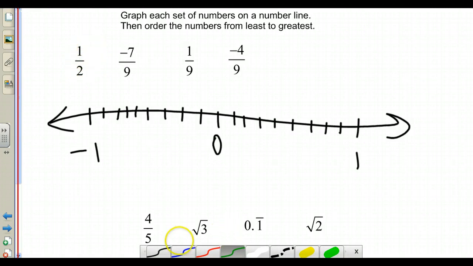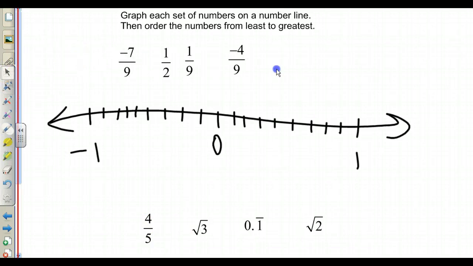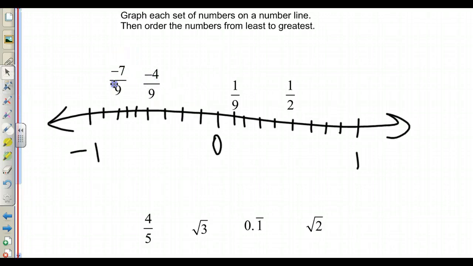1/2 would be, let me just go ahead and try to move that, be somewhere over here-ish. We'll try to put it there exactly in a minute. 1/9 might be somewhere right here. -4/9, somewhere around there. And -7/9 somewhere around there.